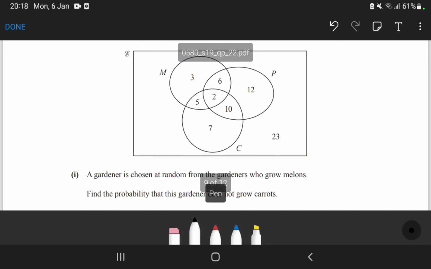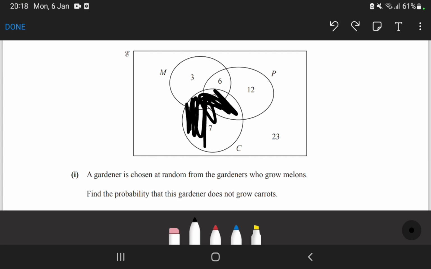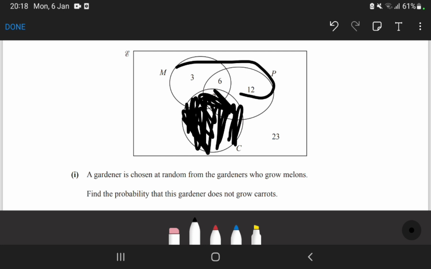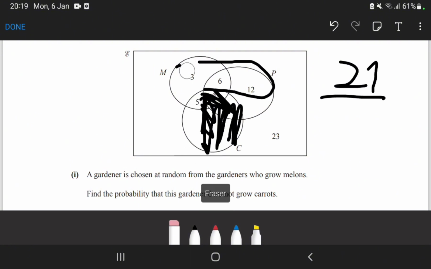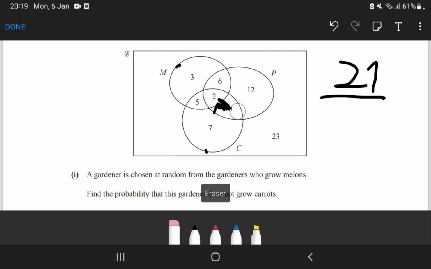So to find the probability that he doesn't grow carrots, we just remove all of C entirely, and then the rest, which is 3, 6, and 12, which will give us 21. You divide it by the total, which is 21.